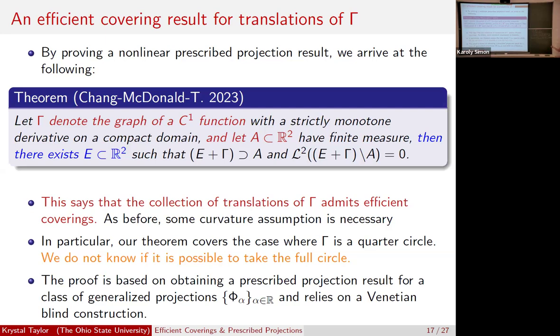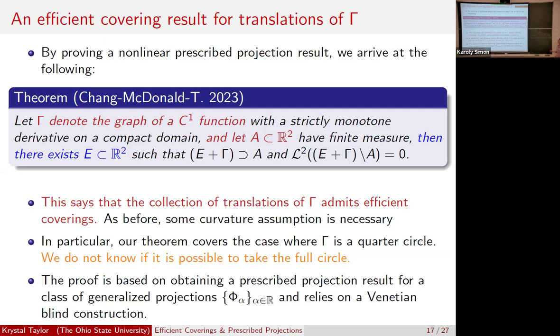So, corollary: the slices A alpha are contained in the slices of this thing, which are of course just the images of E under the map phi alpha defined before. And the one-dimensional Lebesgue measure of the slices of this thing, so the difference between that projection and the slice of A, has one-dimensional measure 0. So this says the collection of translates of gamma admit efficient covering.